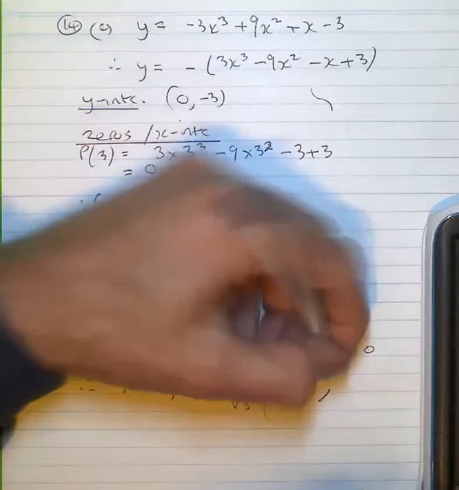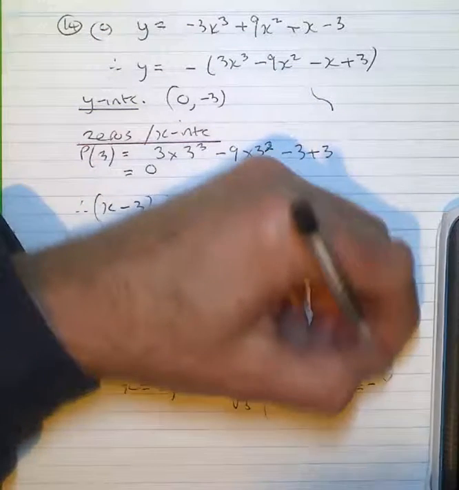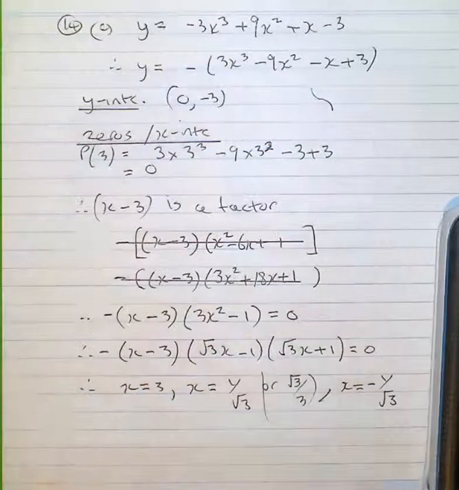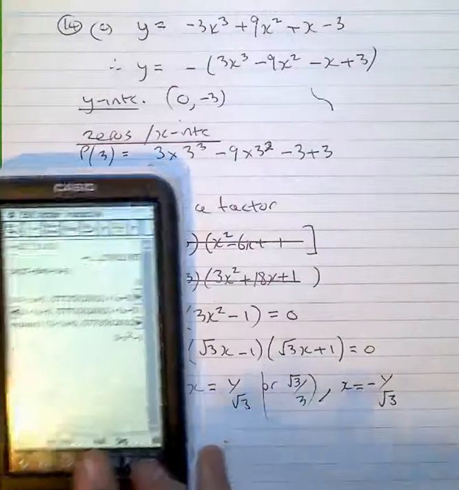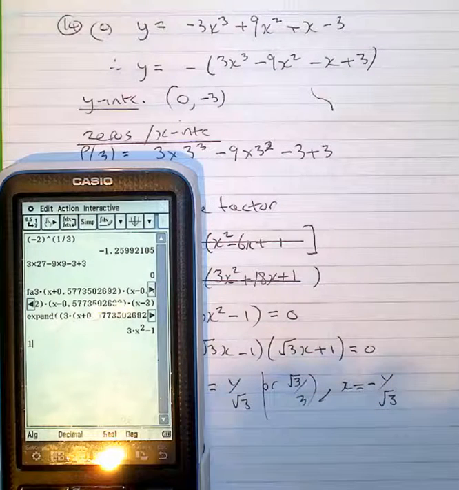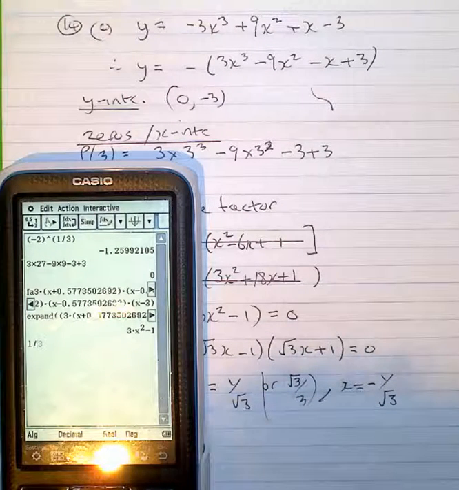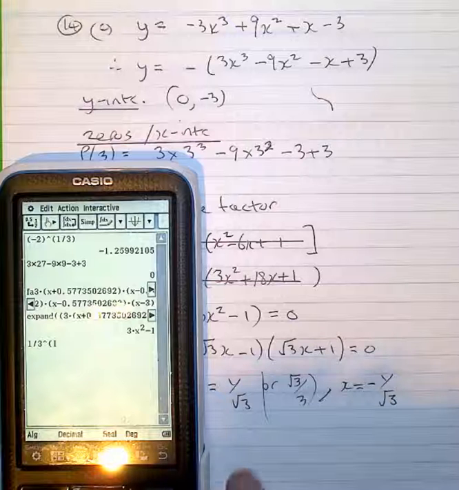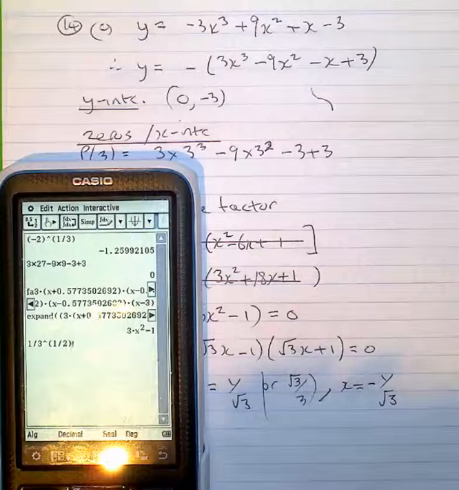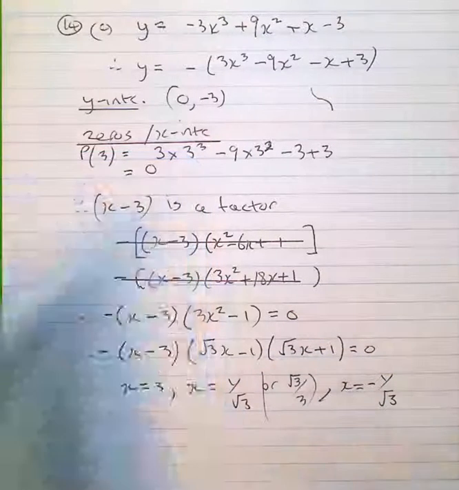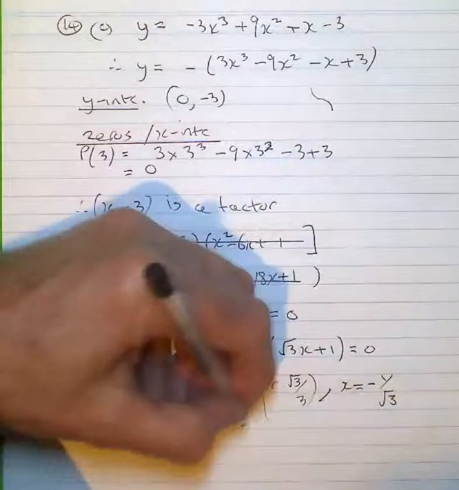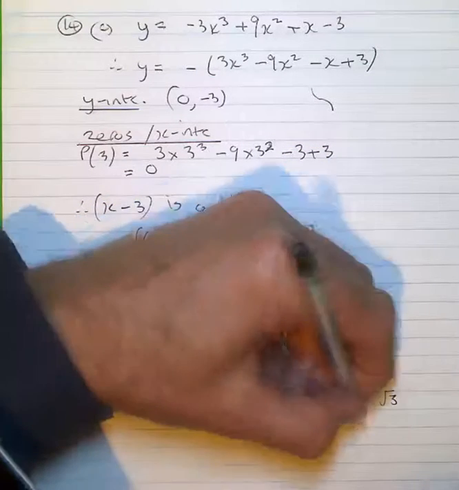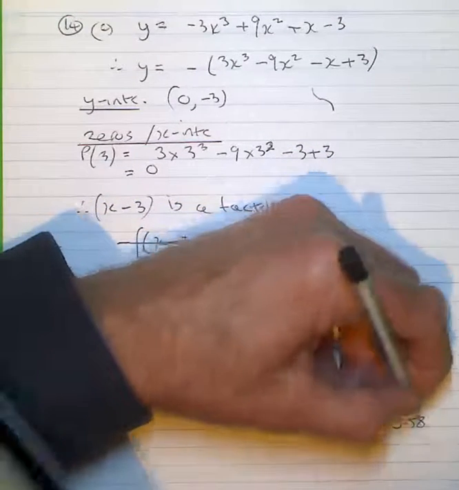And x is equal to negative 1 over root 3. Now, it's a bit of a ballpark as to where 1 over root 3 is. It's about 0.58, and about negative 0.58.